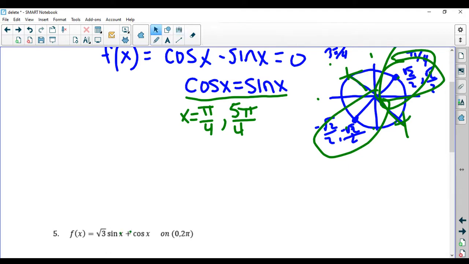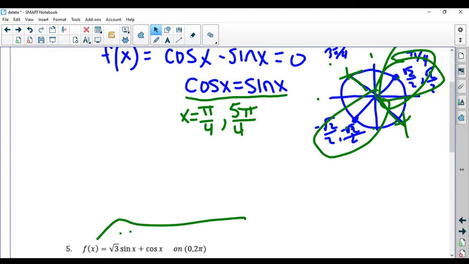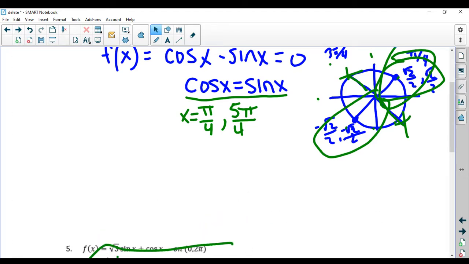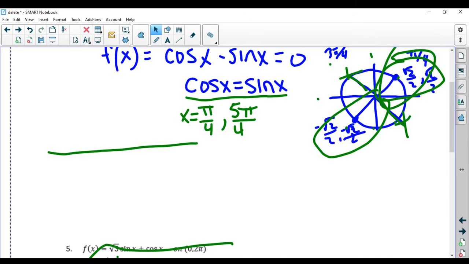The difference between this and other charts we have made is that when we did the other charts, we went from negative infinity to infinity.